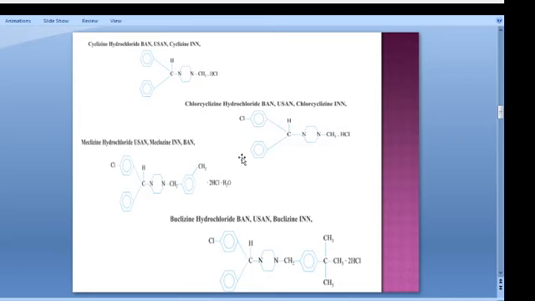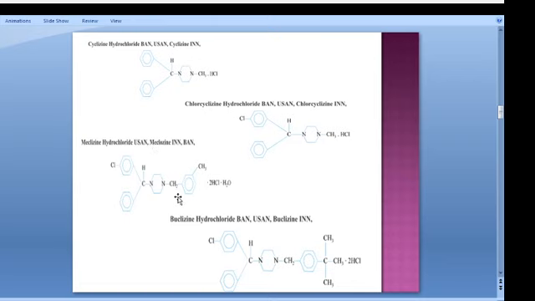What is the IUPAC name of this? Chlorcyclizine is 1-parachlorobenzhydryl-4-methylpiperazine derivative. Then meclizine: this is meclizine. This drug is 1-parachloro-alpha-phenylbenzyl-4-methylbenzyl piperazine derivative. Then buclizine. All of these are piperazine derivatives.